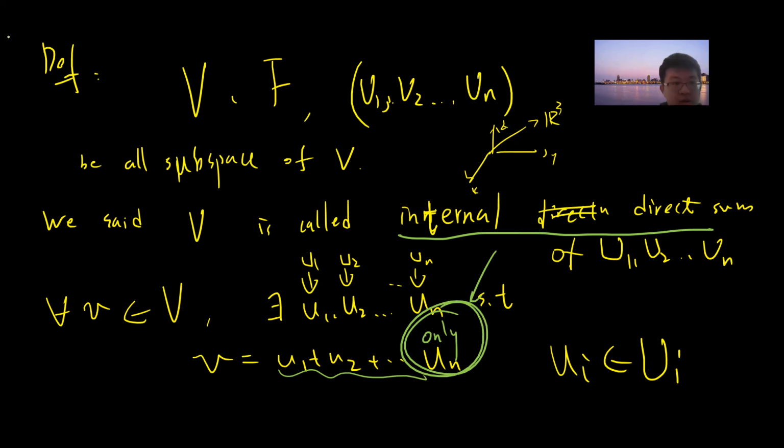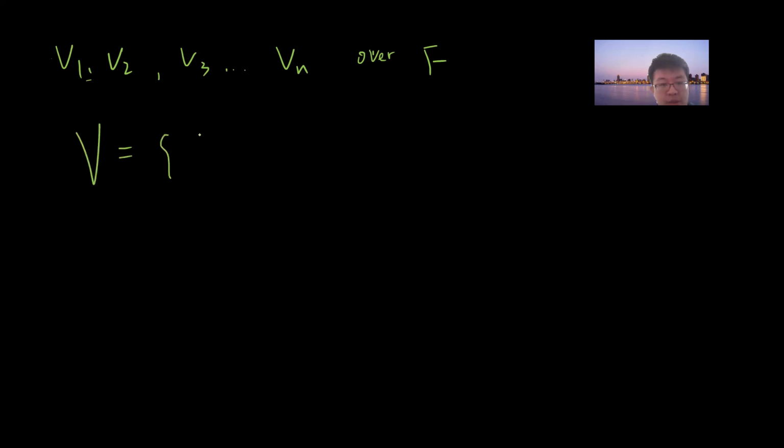Okay. So given any finite number of vector spaces V1, V2 up to Vn over F, basically they are all vector spaces over F. I want to construct another vector space, which is called V. Each element is a tuple of small v1, small v2 up to small vn, where each vi belongs to Vi.